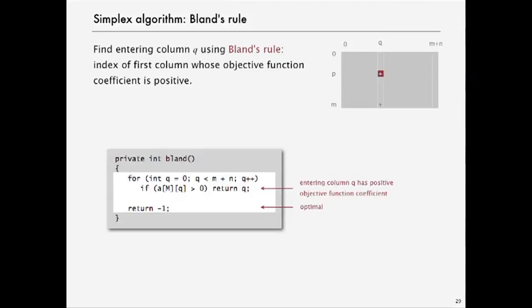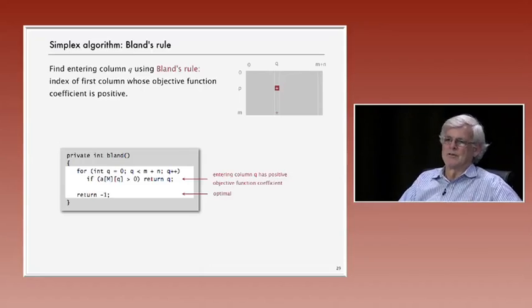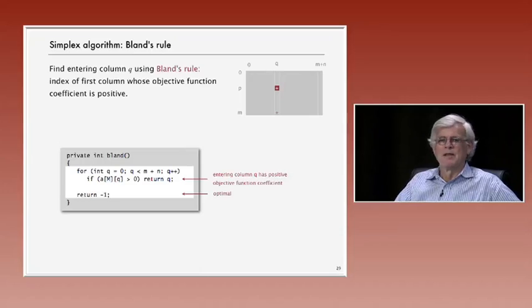So now we have to find the column that we're going to pivot on. We're going to need to pivot on some entry in the array. It's going to have B in row P and column Q, and the rule we've given is called Bland's rule. And remember, Bland is the one who wrote the classic Scientific American article about beer.